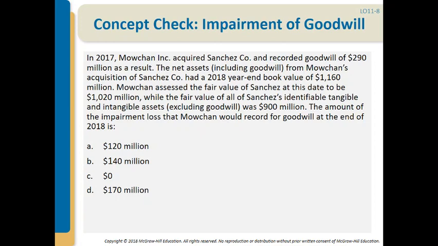Okay, so fair value of assets and goodwill is 1,020 million, or 1,020,000,000. The fair value without goodwill is 900. So the implied fair value of goodwill is the difference, 120 million.